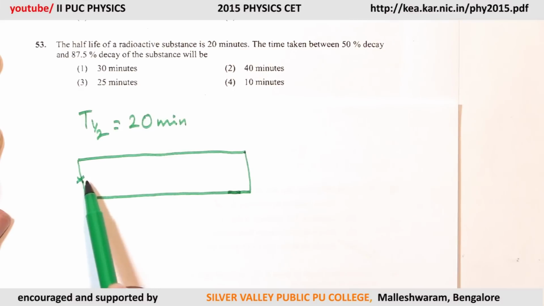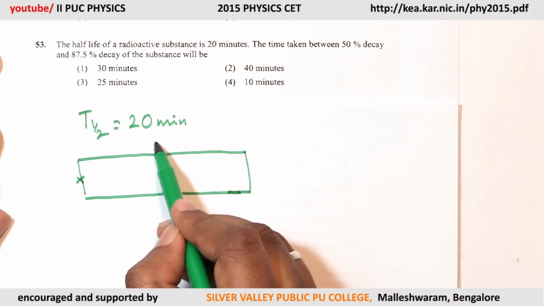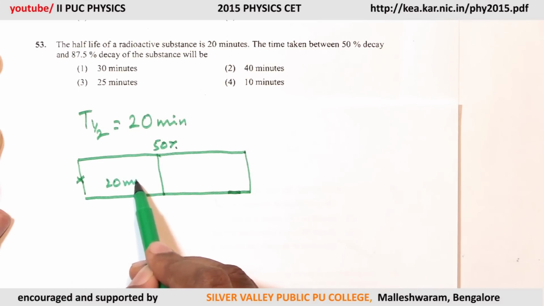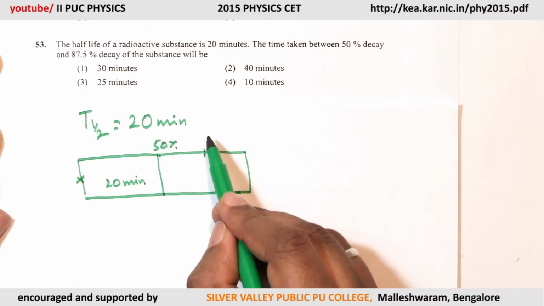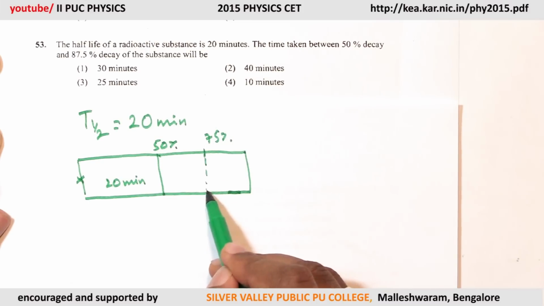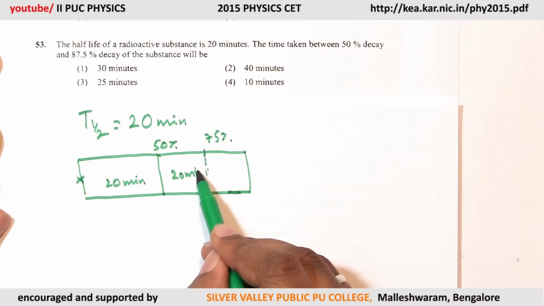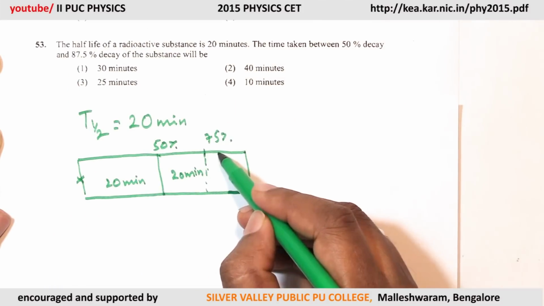When we start from this, time taken for half of the decay, which is 50%, is 20 minutes. 50% to 75%, this is another 20 minutes. But this is given as 87.5, which is somewhere here.